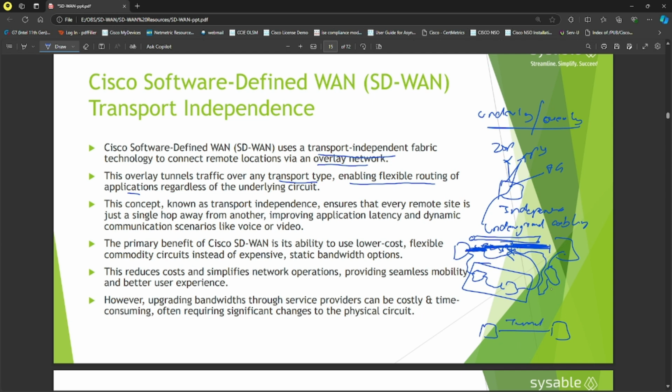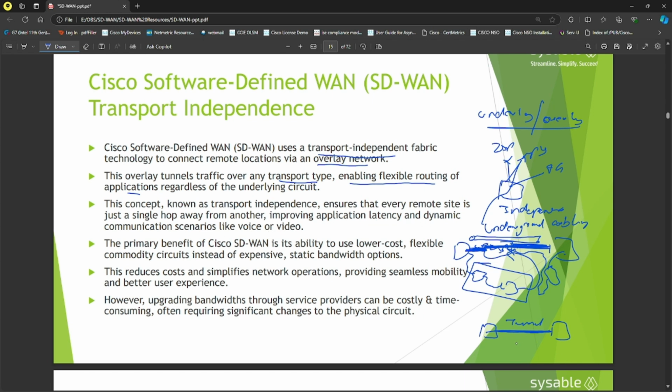Physically, it's connected in a whole different way, but logically, like an overlay, it is directly connected to each other. This concept, known as transport independence, ensures that every remote site is just a single hop away. Because of the tunnel, the next remote site is only a single hop away, improving application latency and dynamic communication scenarios like voice or video.